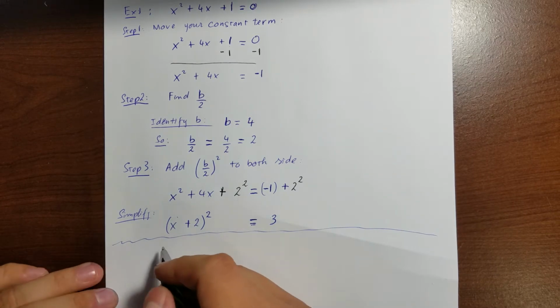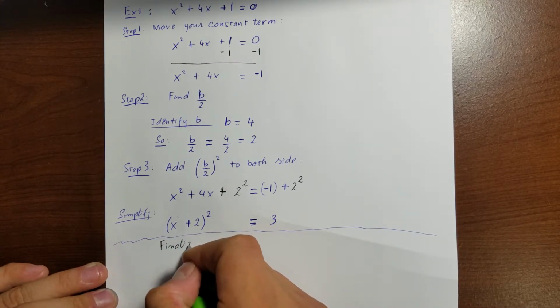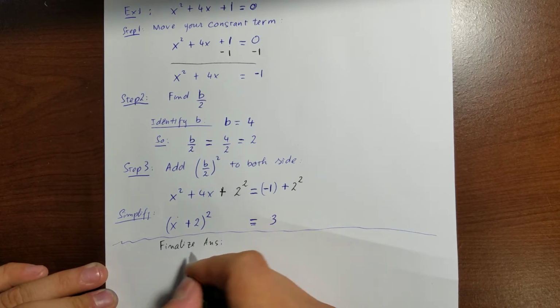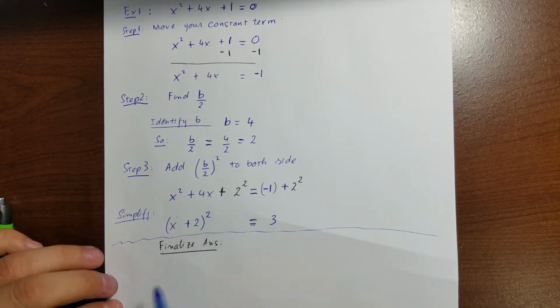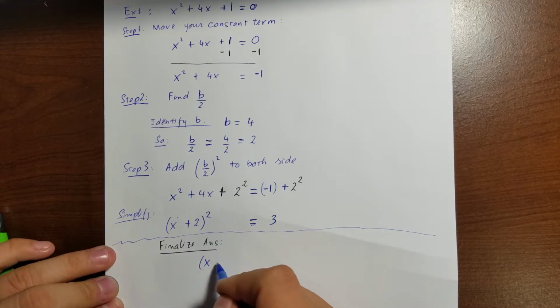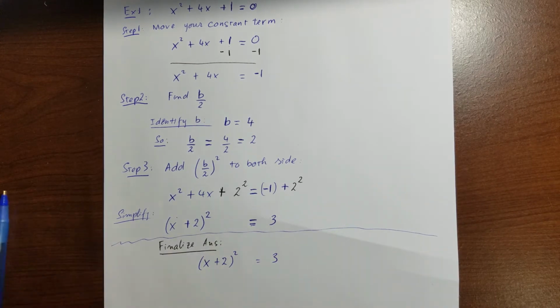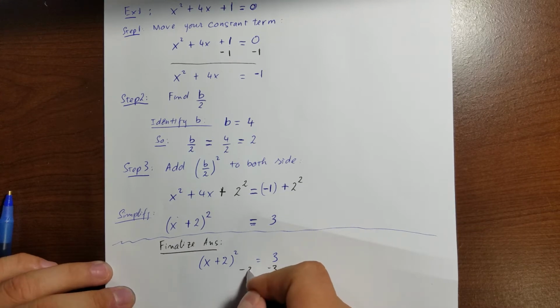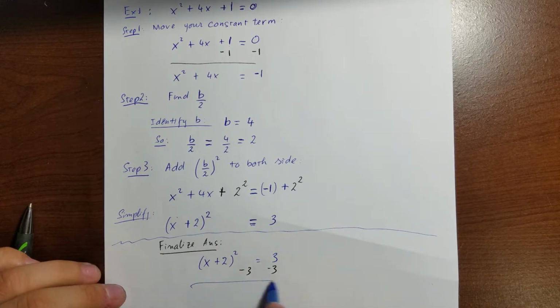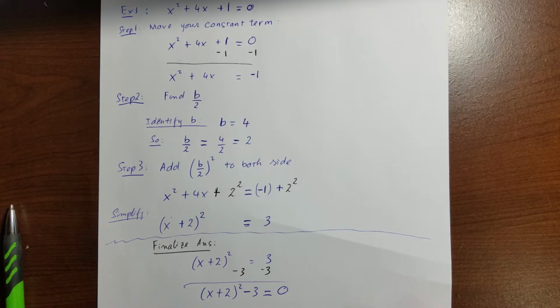So now to finalize your answer, you have to move your constant back, which is going to be x plus 2 squared minus 3 equal 0. This is the complete answer of that.